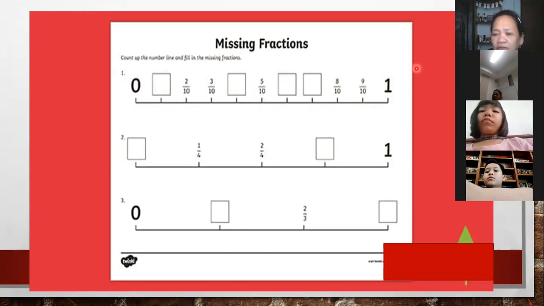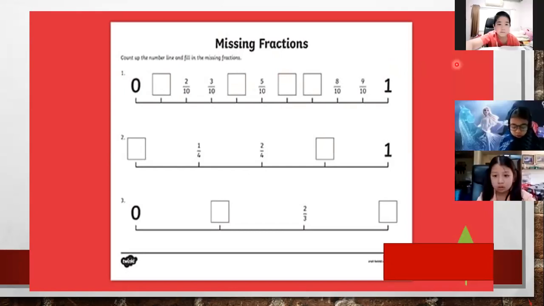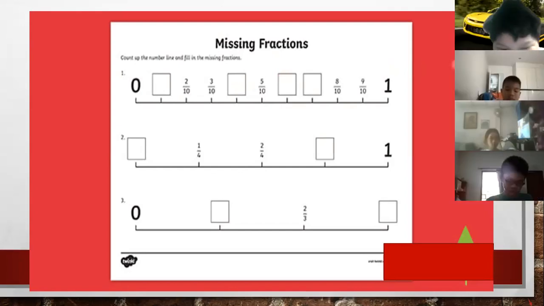I think the number 10 always answers my question. Huh? How about the others? Why only the number 10? How about the others? Why are you not participating?